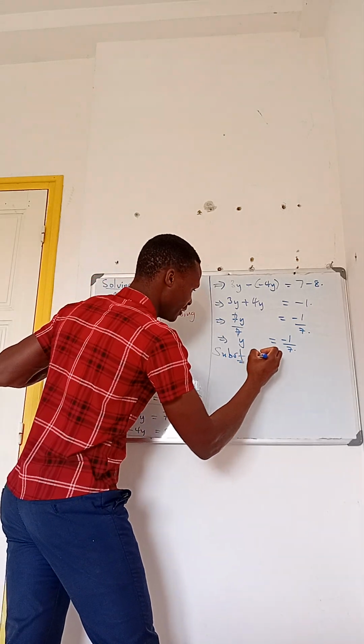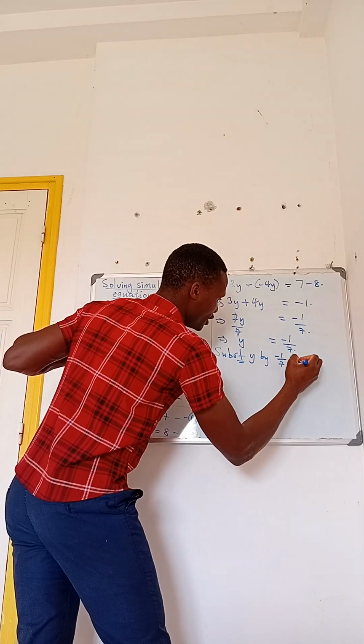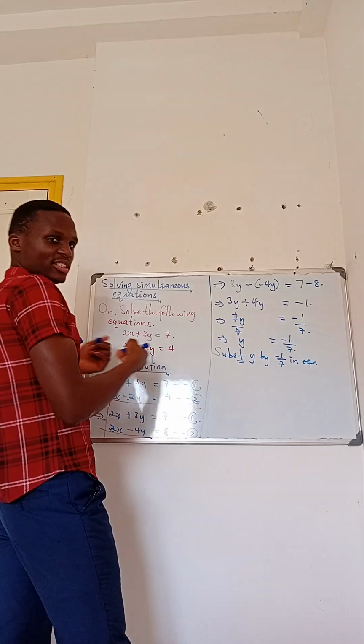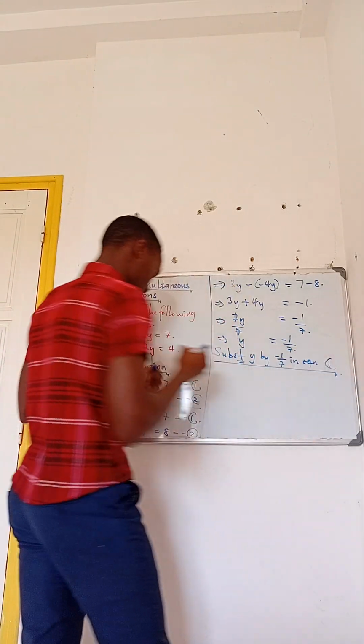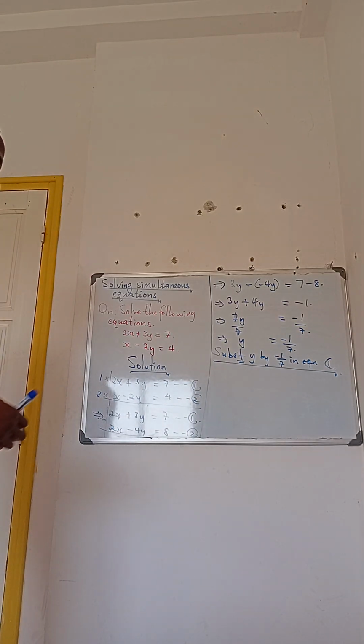Subst y by negative 1 over 7 in equation, we can choose equation 2. So the choice is yours. You can choose equation 1 or you can choose equation 2. You get the same answer.